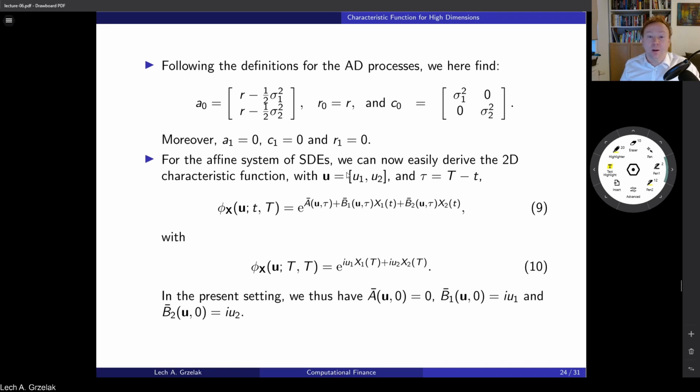Following the 2D case for the characteristic function, we know this is the form we have. We assume here that we are looking for a 2D characteristic function, so we have multiple cases we can consider. We can consider, for example, a stock which has volatility. However, if we are interested in the characteristic function only for the stock, then we will have only u1, and u2 will be 0, because we don't want to derive the density for the second process.